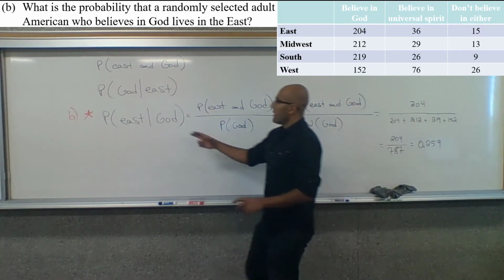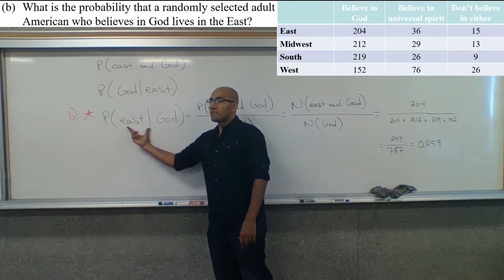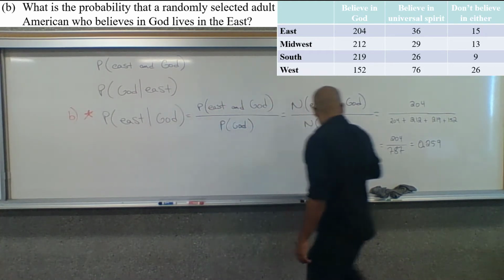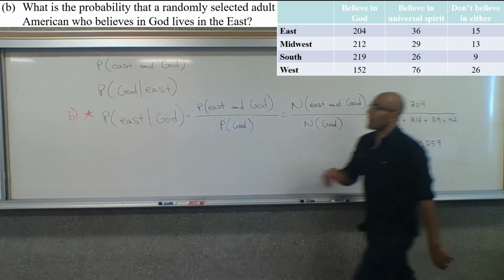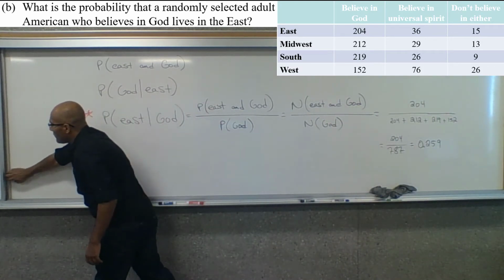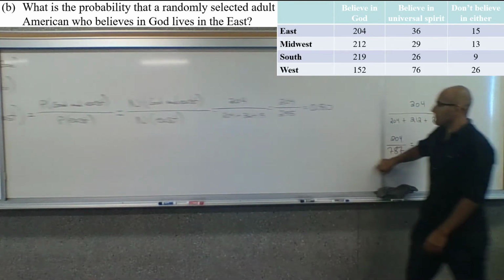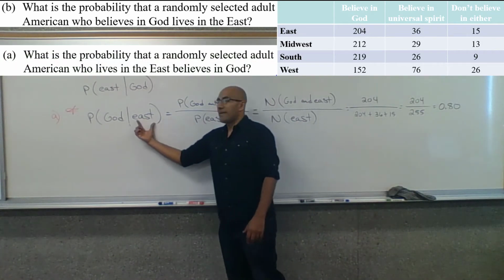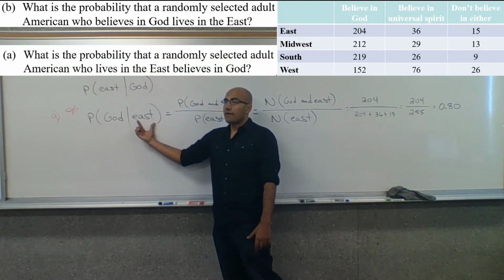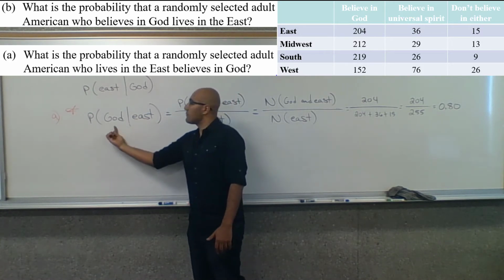Okay, so how are they different? This one is saying, I'm definitely going to pick somebody who believes in God. What are the chances that they live on the East Coast? 26% almost, right? The other one was the reverse. Here we're saying I know I'm picking someone from the East Coast. Given that I know they live on the East Coast, what is the probability that they believe in God?